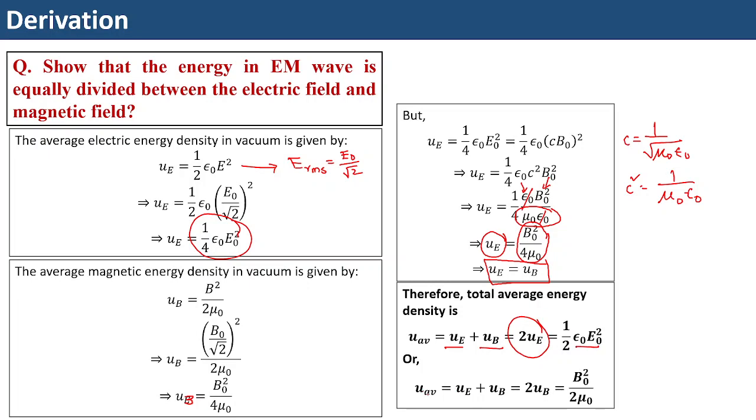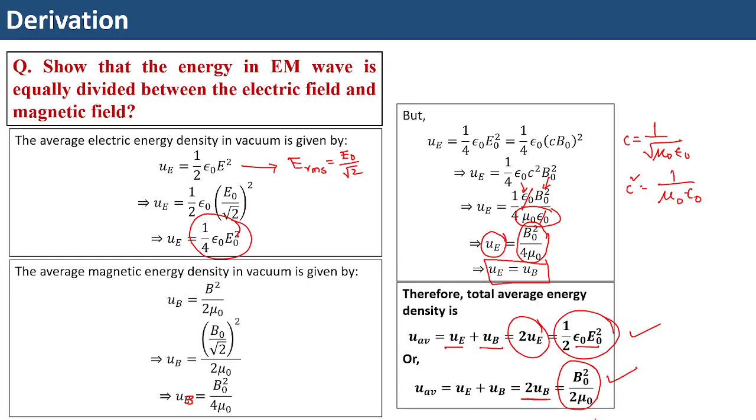Then U average, you can also write in terms of the magnetic contribution, as twice UB, which is B naught square by twice mu naught. You can write either this or this. The question can be asked from the perspective of the magnetic field component or the electric field component. But remember, the contributions to the average energy from the electric and the magnetic field are the same.